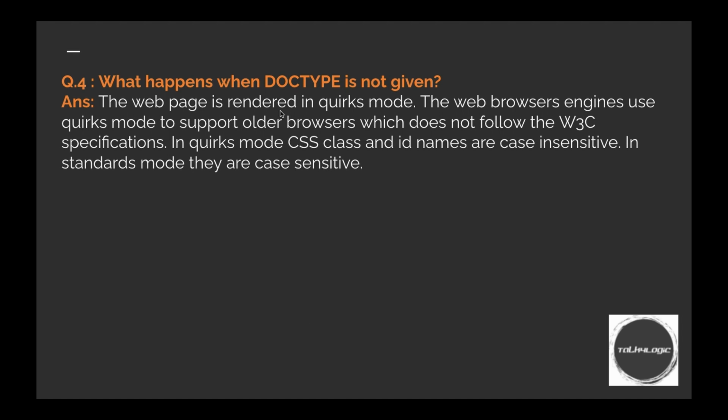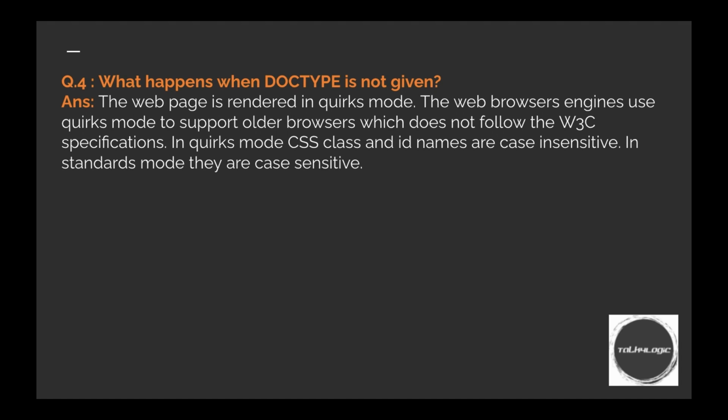The web page is rendered in quirks mode. Web browser engines use quirks mode to support older browsers, which do not follow the W3C specification. In quirks mode, CSS class and ID names are case insensitive. In standard mode, they are case sensitive.